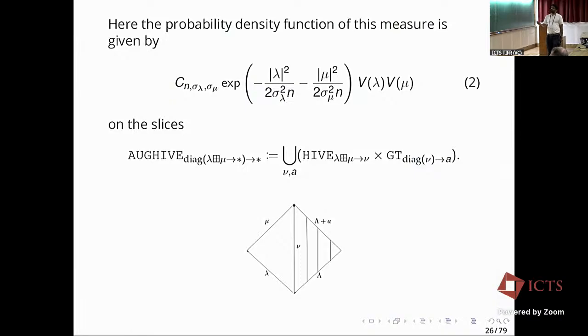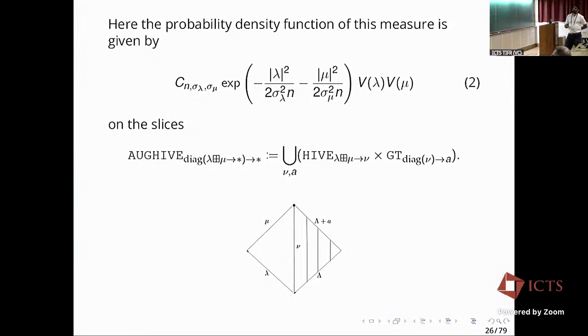So this turns out to be the measure on the augmented hive, because for lambda and mu, you have some measures coming from the GUE, and then basically the volume, once you fix lambda and mu, of this augmented hive ends up being roughly V lambda times V mu divided by V tau squared.